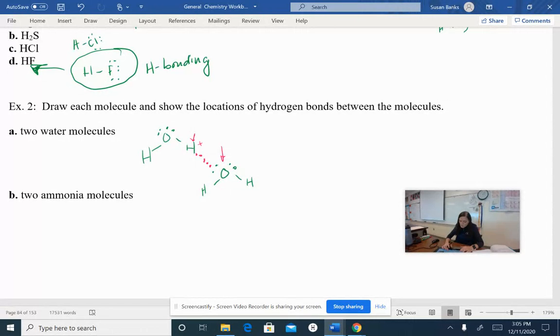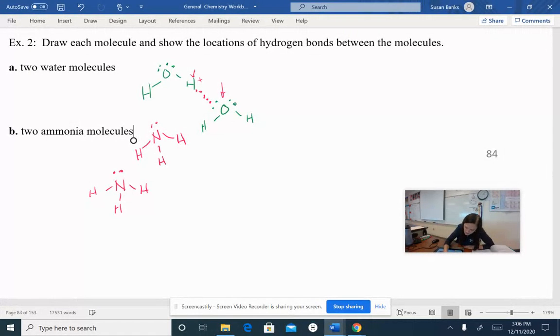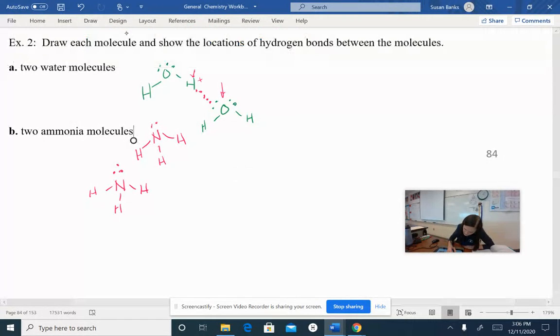How about two ammonia molecules? Same thing. The negative area is going to be attracted to the positive area on another molecule. So if I have ammonia and it is a trigonal pyramidal shape, the nitrogen is going to be attracted to the hydrogen on another molecule. So I'm going to put these in as dots. Yep, if I can put them in as green.